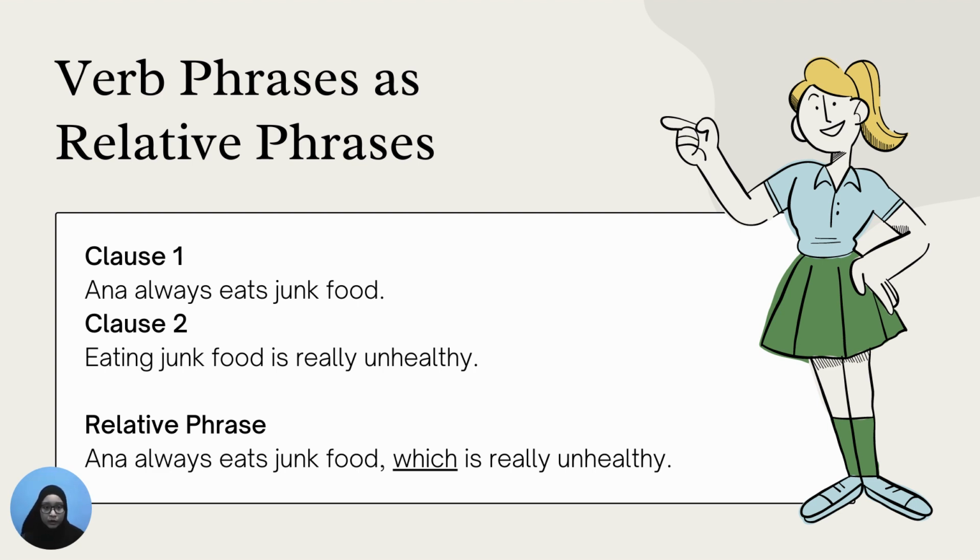So when you're talking about Anna eating junk food, it's not the junk food that is really unhealthy, but the act of Anna always eating it. So in this situation, the action of Anna always eating junk food is really unhealthy. So you have to use the relative pronoun which, because it refers to the entire sentence, not just Anna herself or the junk food itself.